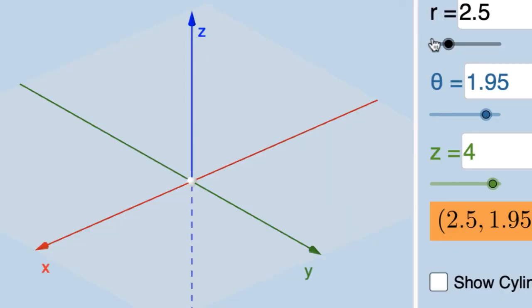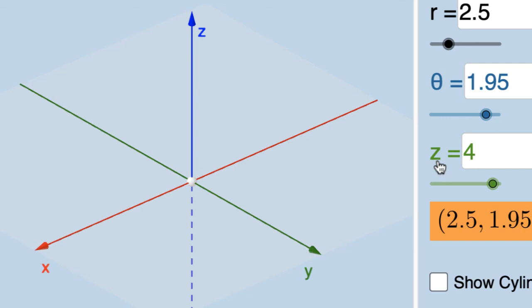So let me show you how cylindrical coordinates are supposed to work. Remember that they are basically the polar coordinates that you had studied before, so they're specified by a radius r and an angle theta. But now, in addition to those two coordinates, you introduce a third coordinate, which is the height of a point, and it's essentially the same z coordinate as the usual x, y, z coordinates of the Cartesian system.